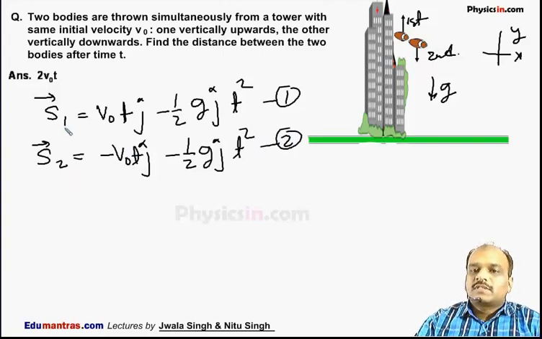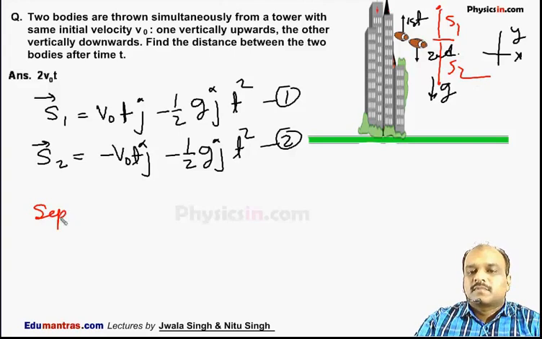Now we can say the first ball is here. This is S1, and the second ball is here. This is S2. So we can say the separation between the two balls is the modulus of S1 minus S2.